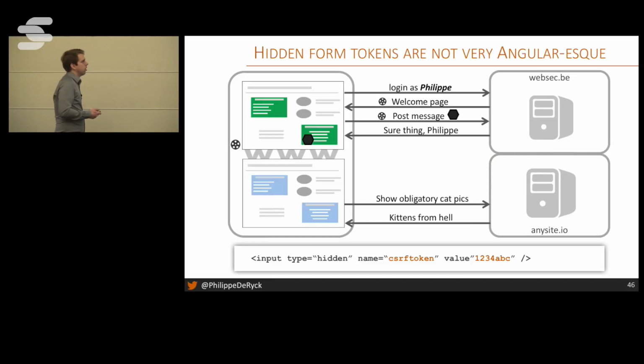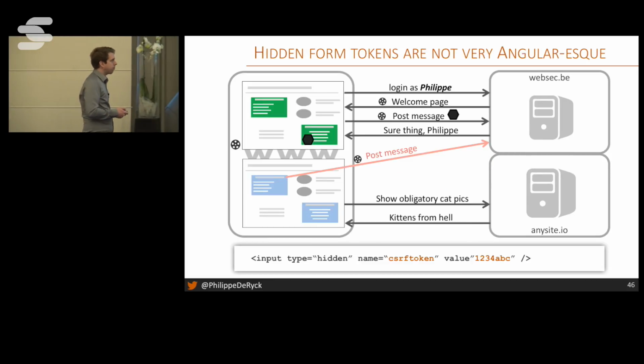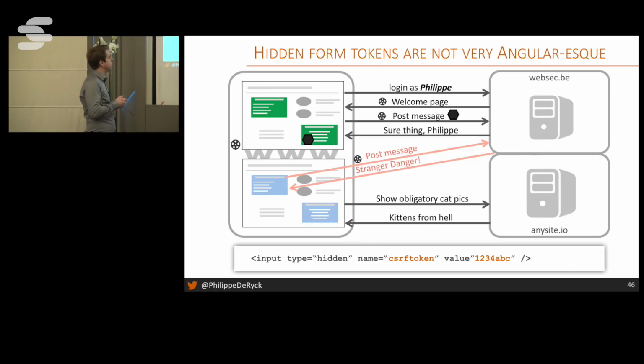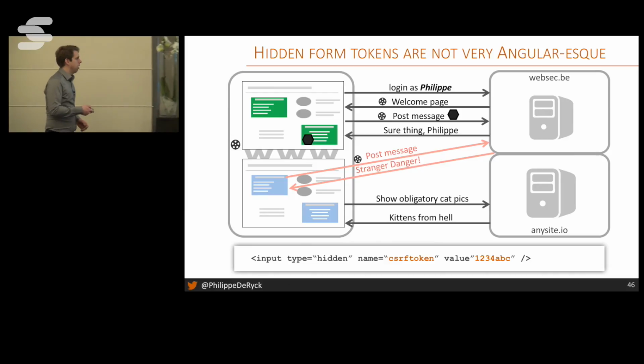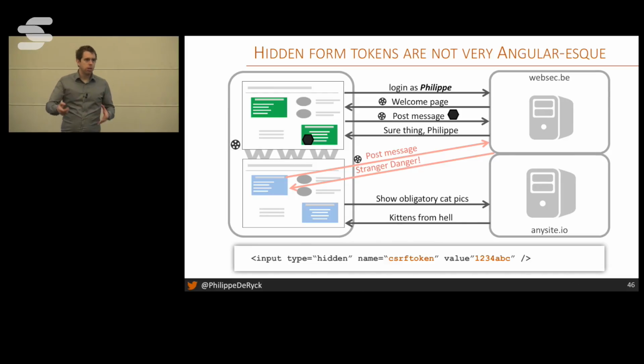One of the defenses I talked about was the secret form token. So essentially, you embed this token into your HTML page, and you submit it again, and it's missing here because this context cannot access the token, so the server knows that something is going on. The problem is, in an Angular application, this is kind of problematic because you have these templates, you don't have a page with a form that will be submitted, so there's no clear flow. So this will definitely not work.